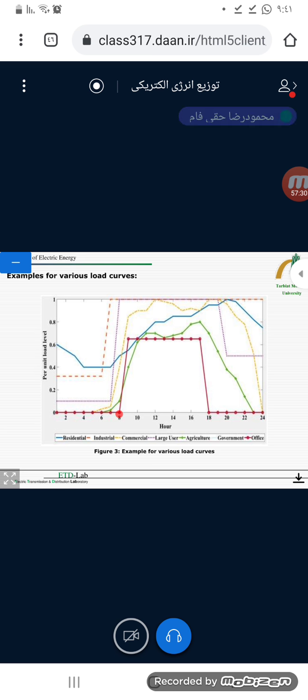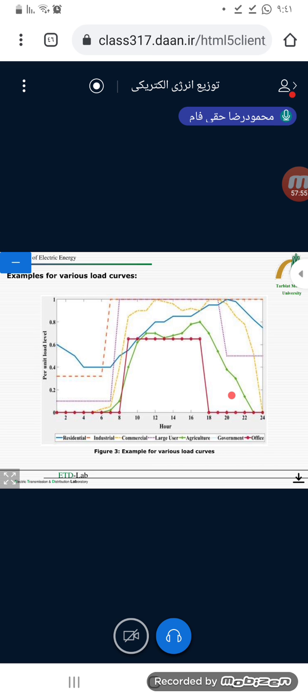This is the 0, and it reaches the highest, it is constant, and then decreasing to low, it is the office. For example, governmental office. For example, large user is here, and others.